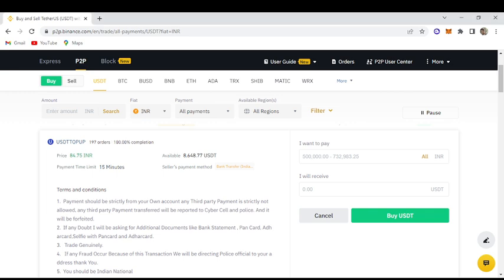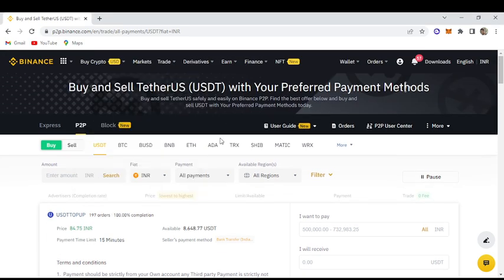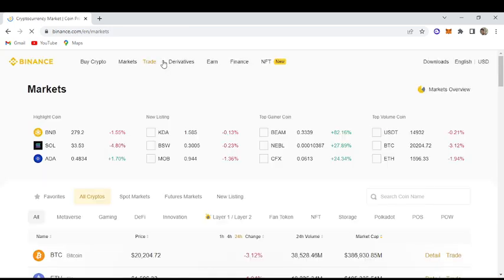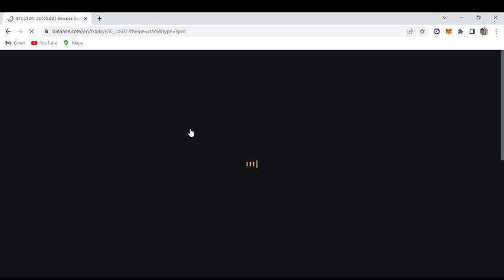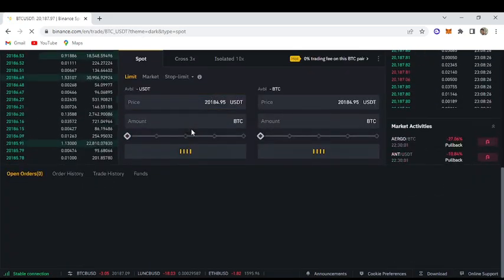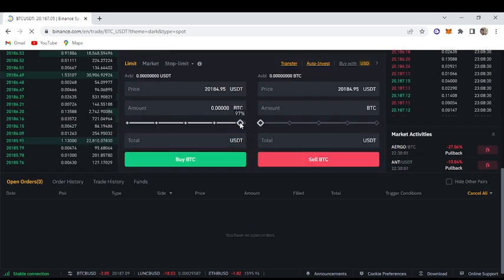That will be directly transferred to your wallet. After you get the USDT, you can just go to Trade, Spot trade, and you can buy the amount you wanna buy. It's simple like that. When you wanna sell, just select the amount, how much you wanna sell, and then just sell that.